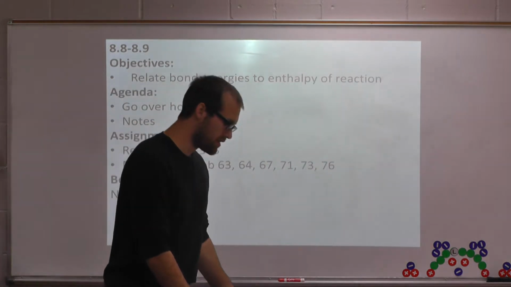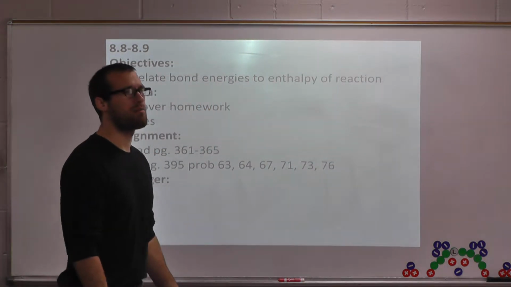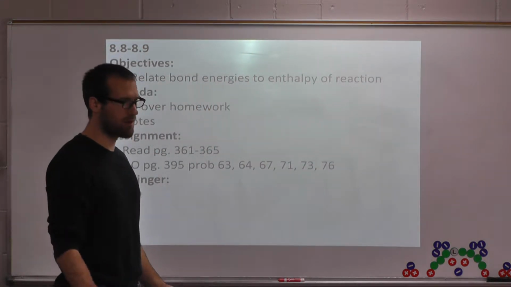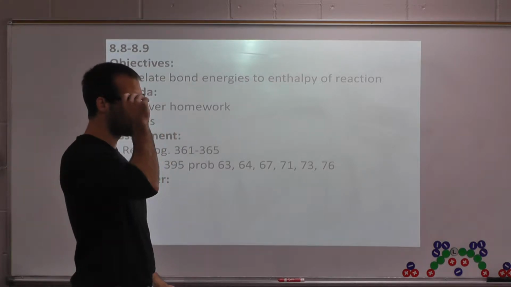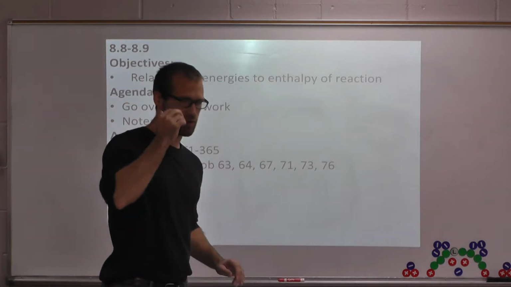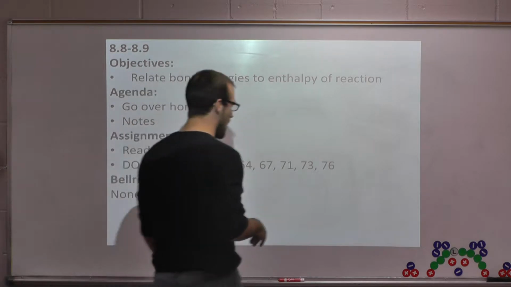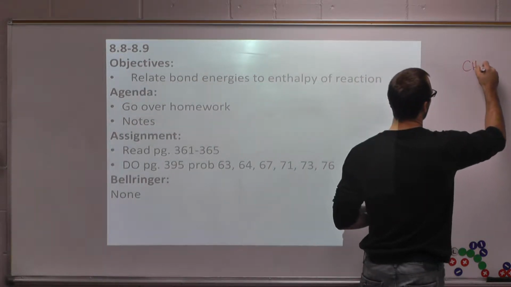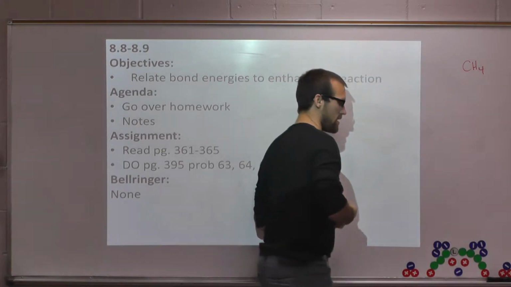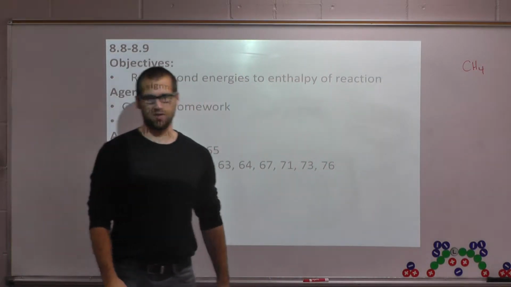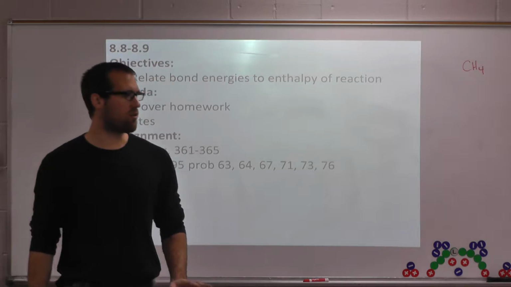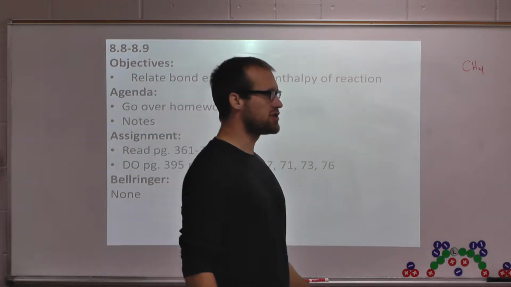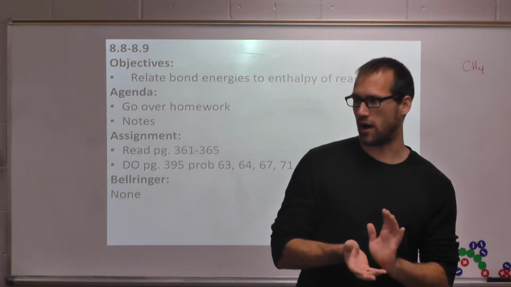Anyway, Donut Hut's only. Okay, so really we were talking not about ionic bonds, we were talking about covalent bonds, and the bond energy for something like CH4. We talked about how the total energy needed to break this whole molecule down is spread between all four bonds.